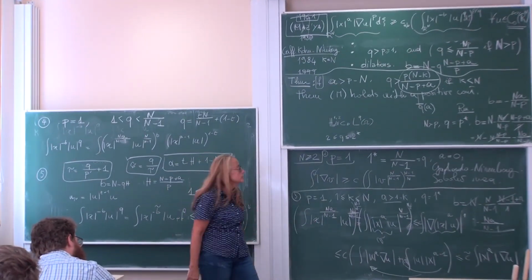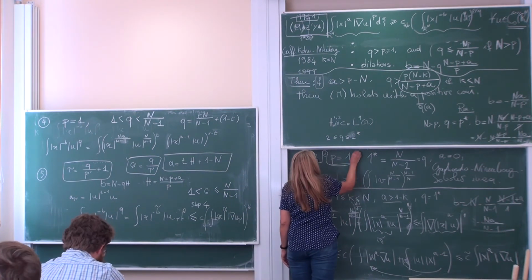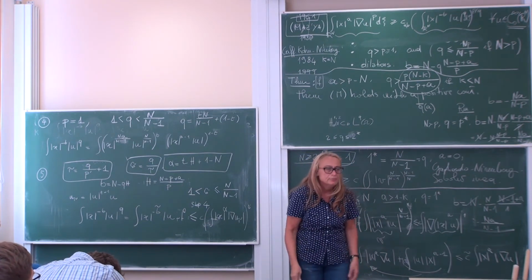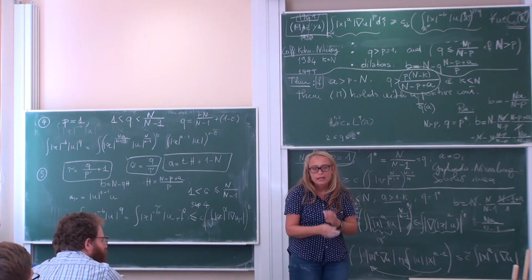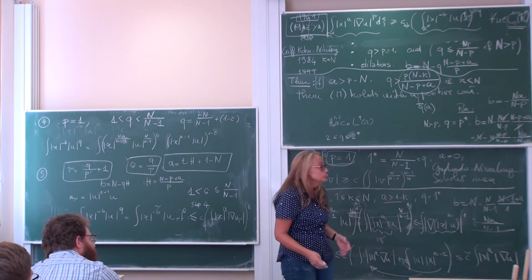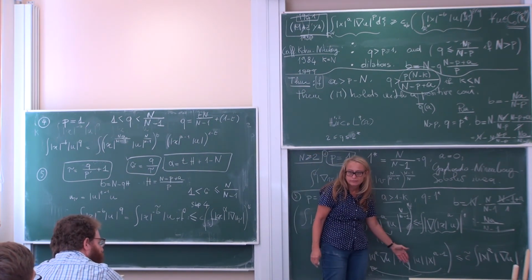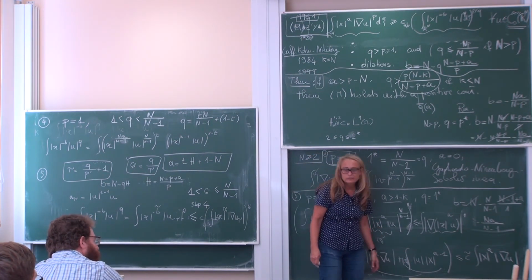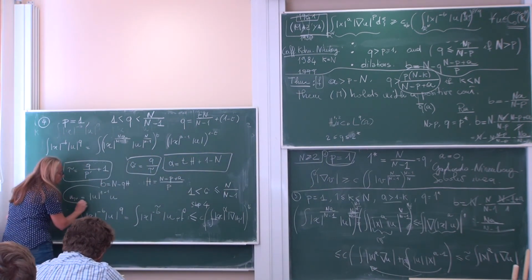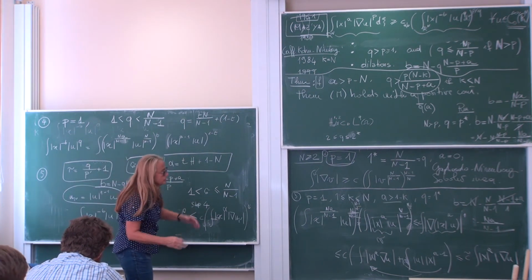What is the trick? First step, prove the theorem for the case p equals 1. Why? Because when p is equal to 1, everything holds. P is so small that you have Sobolev and you have Hardy. Then interpolate between Hardy and Sobolev.